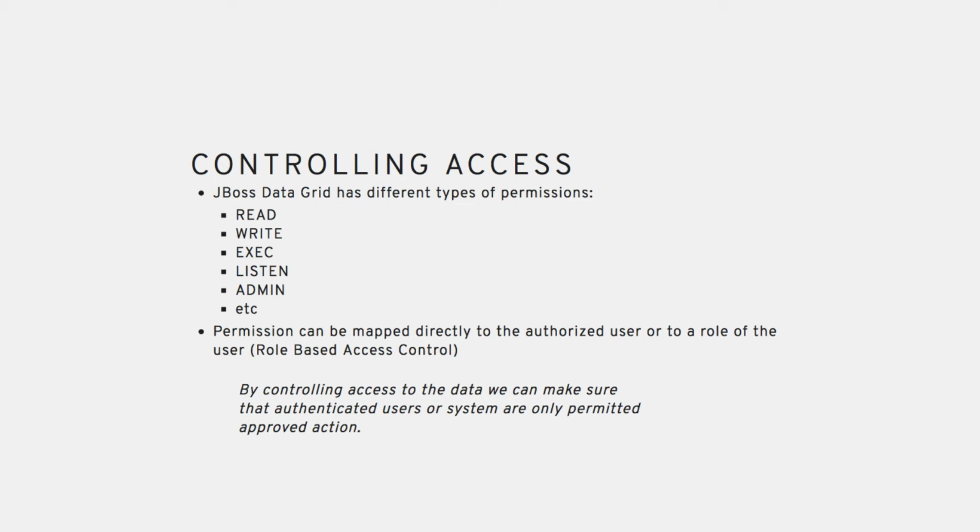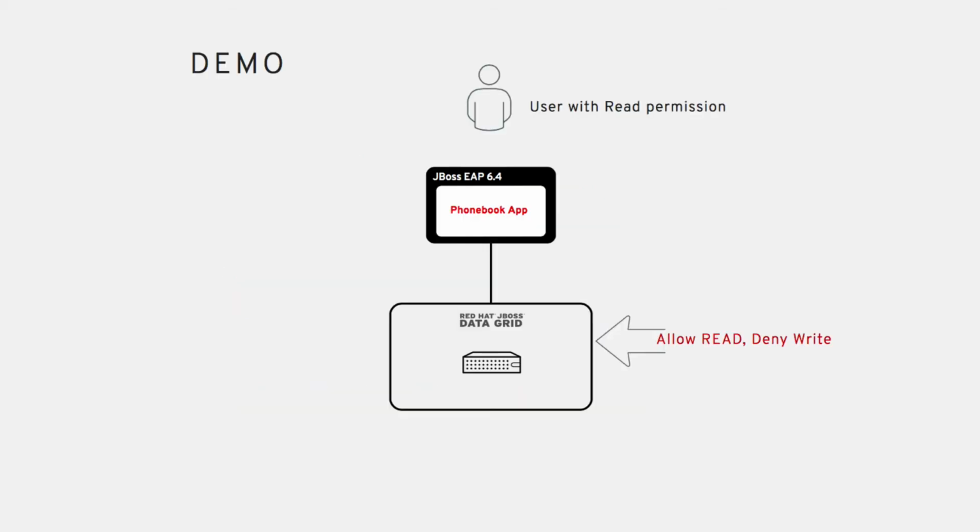By controlling access to the data, we can make sure that authenticated users or systems are only permitted approved actions. For example, a user with read permissions connecting to the data grid will be allowed to read but denied write access.